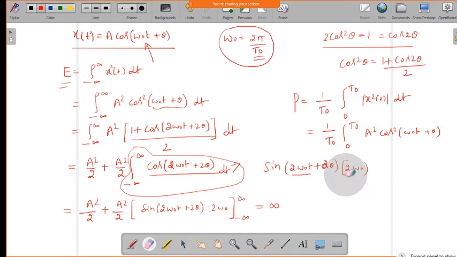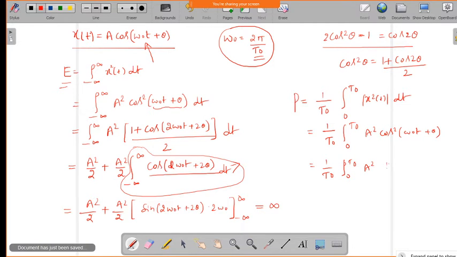So you can write it as 1 over T naught, integral 0 to T naught, A squared into (1 plus cos of (2 omega naught t plus 2 theta)) divided by 2. We have not integrated yet.